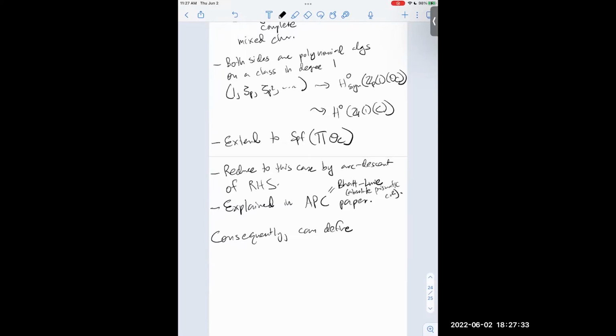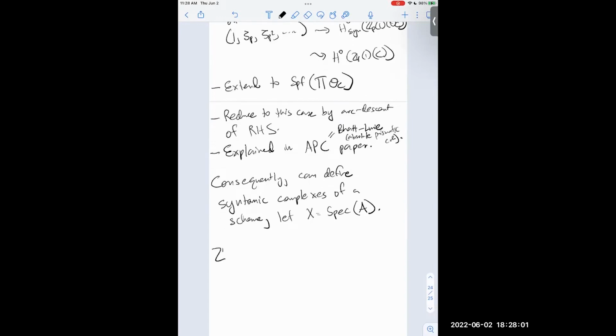Okay. Yeah, so anyway, just to explain that there's a canonical way of producing this comparison map from syntomic complexes to étale cohomology of the generic fiber. And as a result, you can define syntomic complexes of any scheme. And let me just say it's affine for simplicity, and then you can define it by Zariski descent.